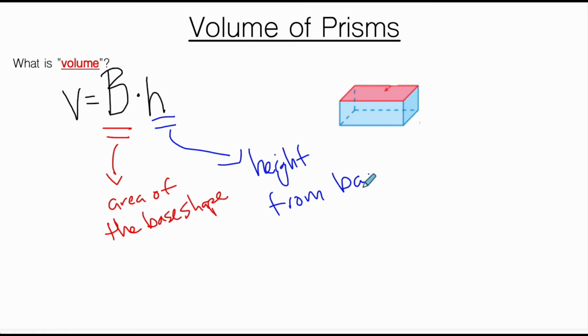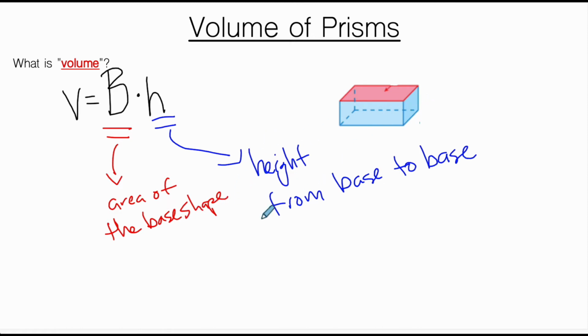from base to base. So step one is going to be, what is the base shape? Figure out what the base is. What are you working with? And then step two is going to be, find the area of whatever that base shape is. And then step three, determine what the height of the prism is.